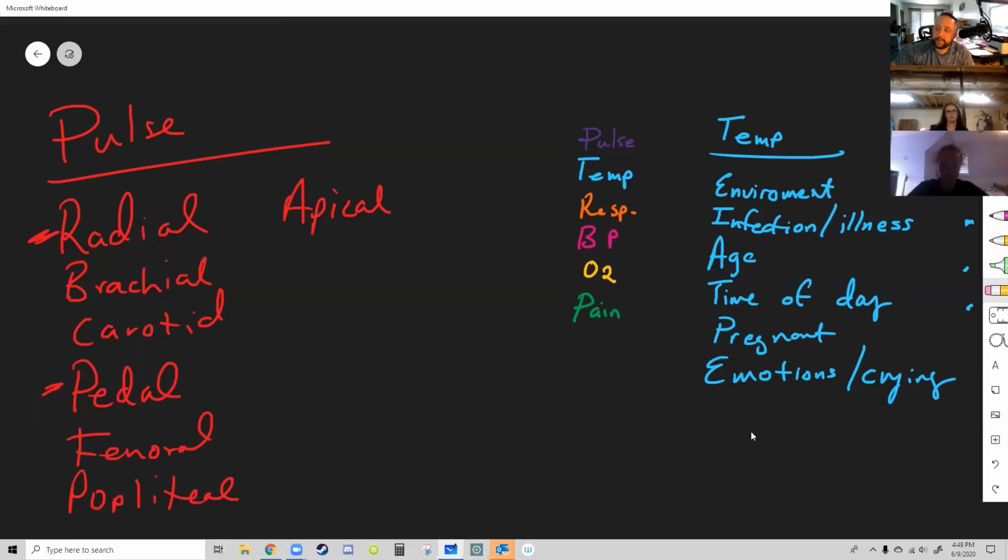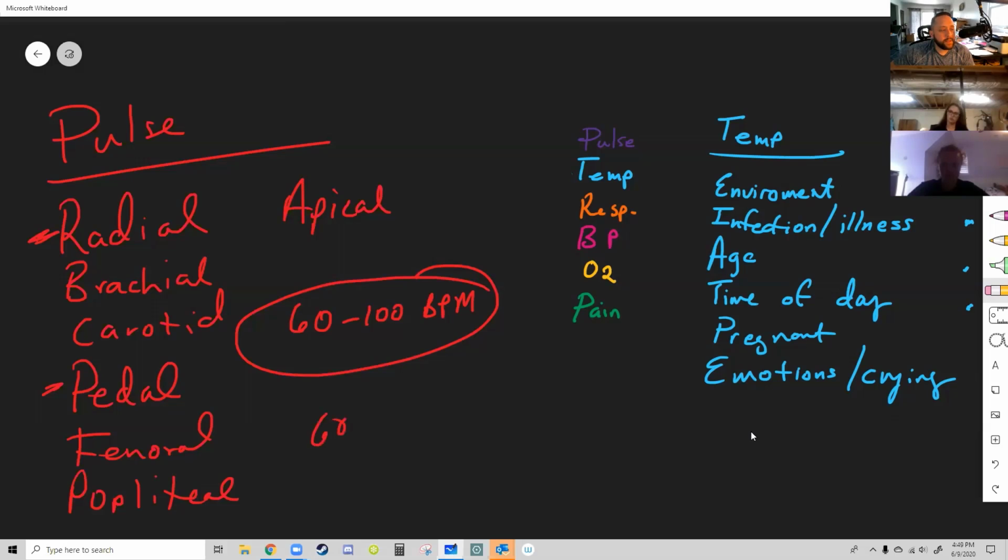So a normal pulse, does anybody know what that one is? I always have a low pulse, so mine's usually around 60 or 70, but in between that and 80 or 100. It's between 60 to 100 beats per minute that is a normal pulse.